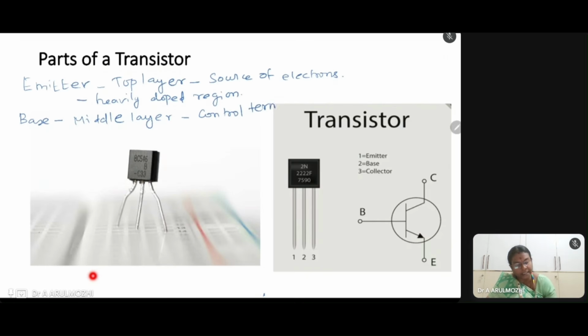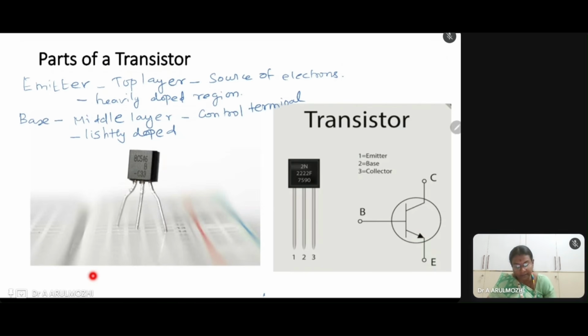Okay, it is lightly doped, and it is used to regulate the flow of electrons from the emitter to the collector.